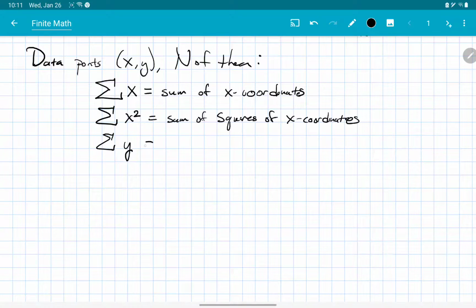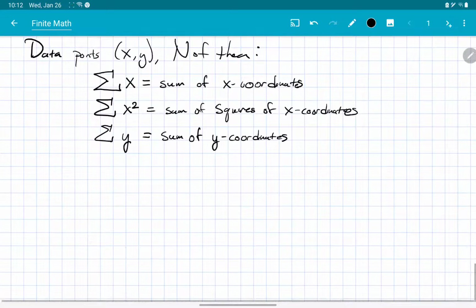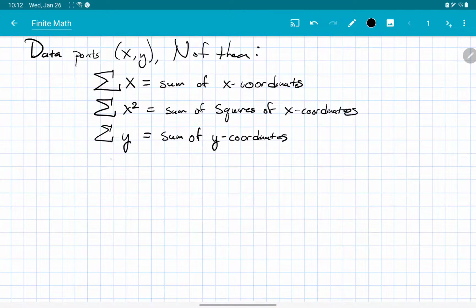Sum y will, of course, stand for the sum of the y coordinates. And sum xy will stand for the sum of the products of the data points.